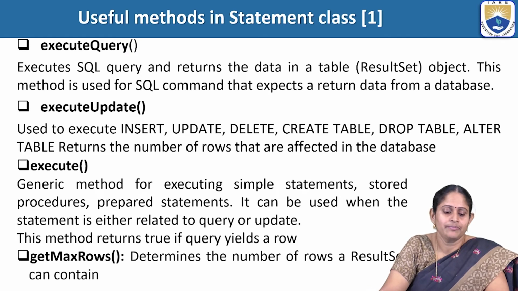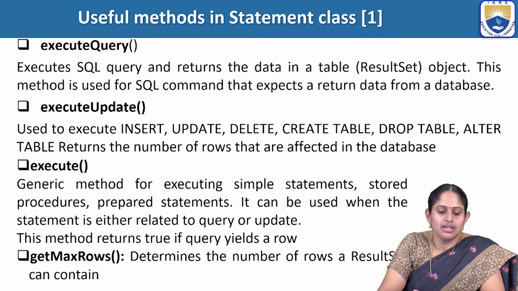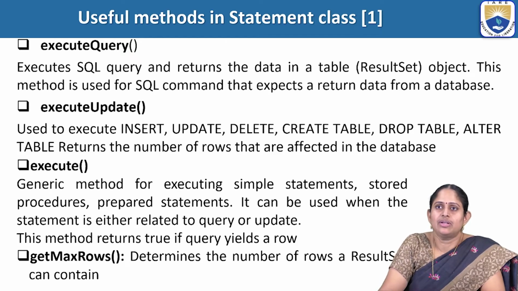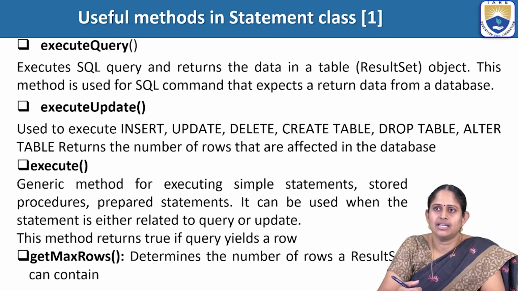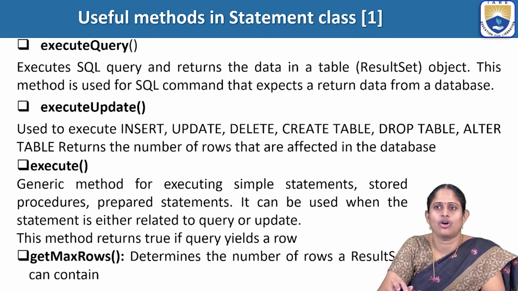Now, these are the various methods in the Statement class which we mainly make use of. The executeQuery method executes the SQL query and returns the data in a table. That table is called a ResultSet object. This method is used for SQL commands that expect return data from the database. The executeUpdate method is used to execute the insert, update, delete, create table, drop table, alter table statements.